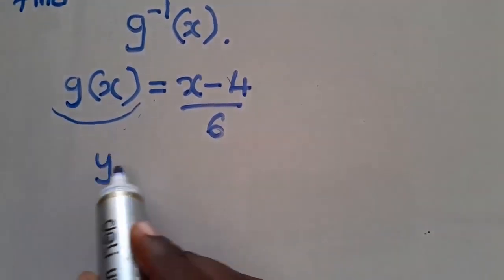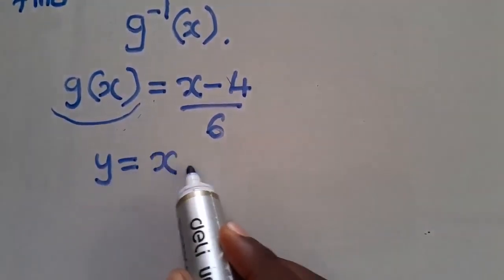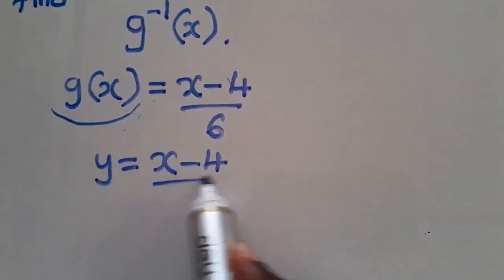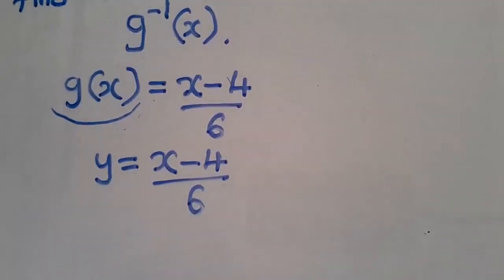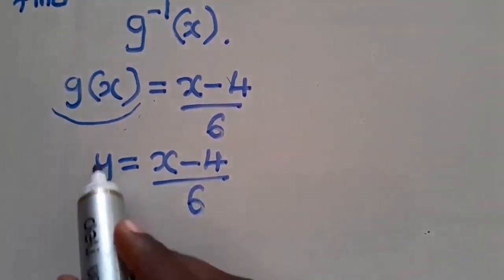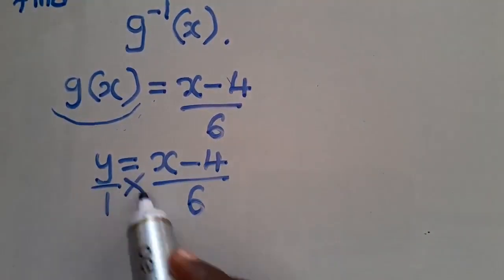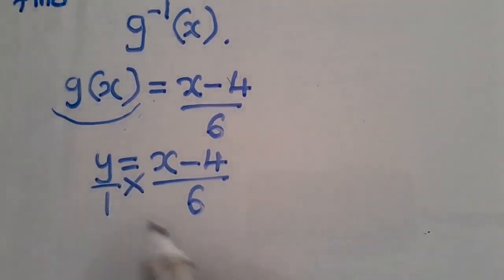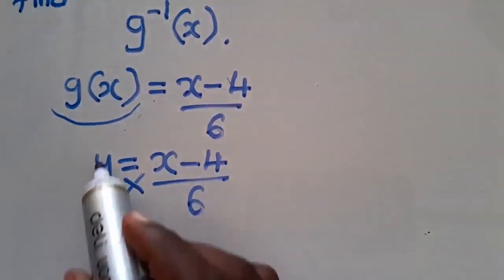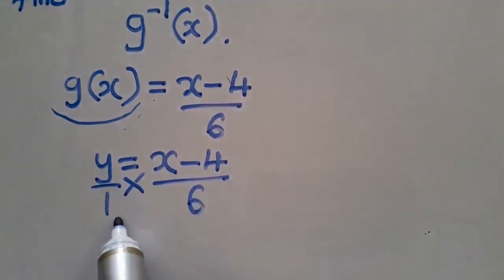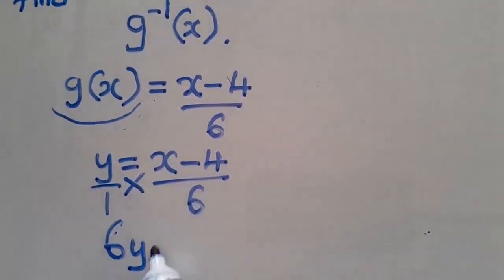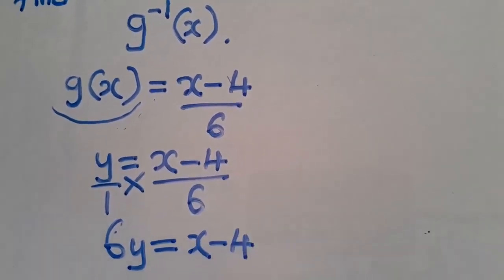So y is equal to x minus 4 over 6. After doing this, there is a fraction. You put 1 there, then you cross multiply. This comes here. What is 6 times y? This is 6y, which is equal to x minus 4.